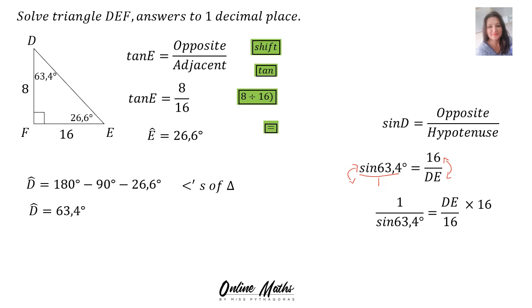So what I do on the left-hand side, I do on the right-hand side. So I will also multiply that by 16. So the steps are 1 divide by sin 63,4 times 16 equals, and then the length of DE is 17,9.